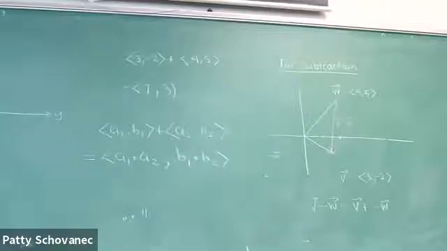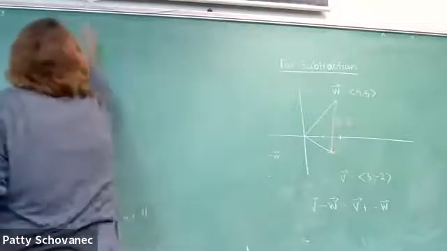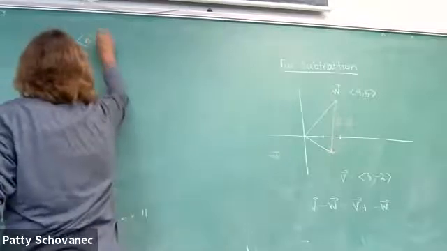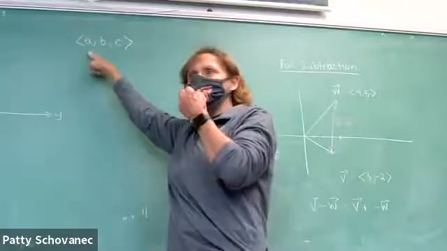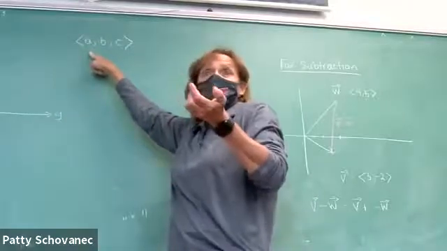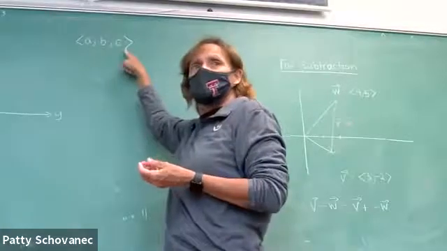A vector in 3 dimensions has 3 components, a, b, and c, or the x component, y component, z component. So if I have a vector in R3, it would look something like this. I come out a units or back, depending if a is positive or negative, go left or right b units, and up and down c units.